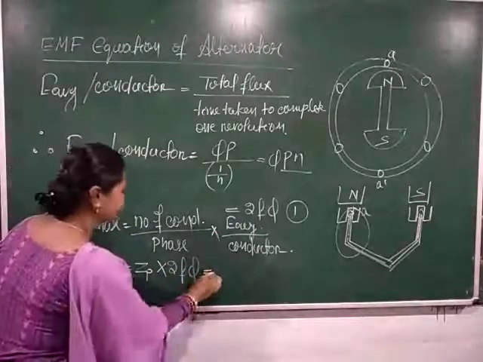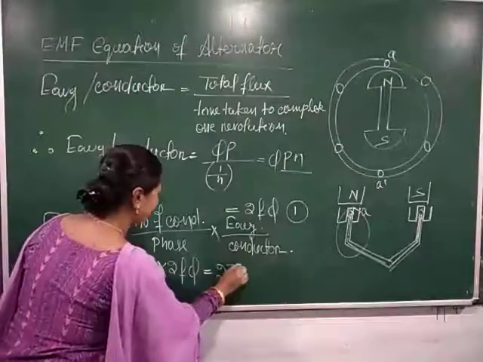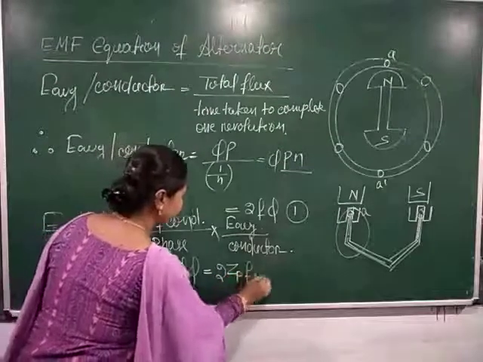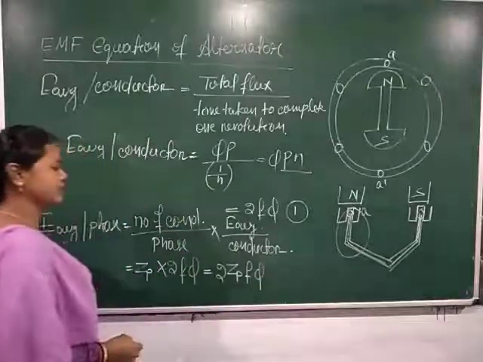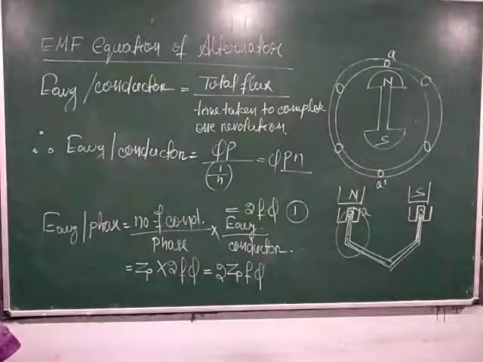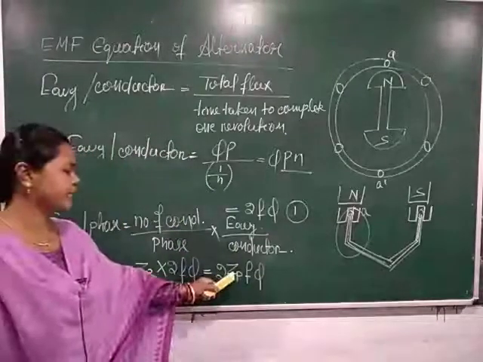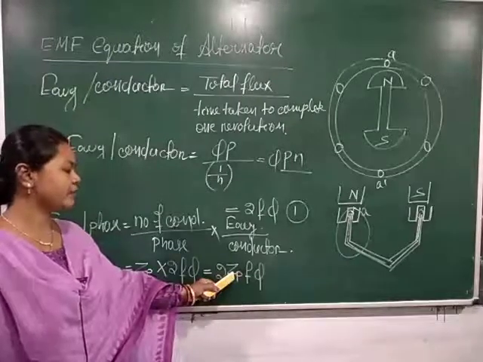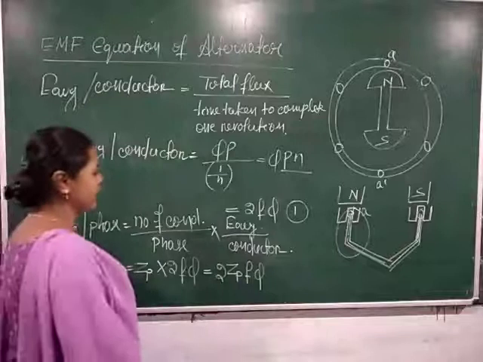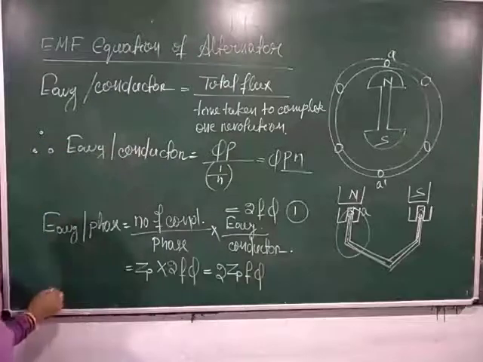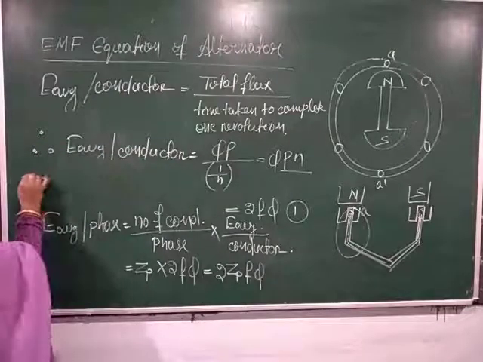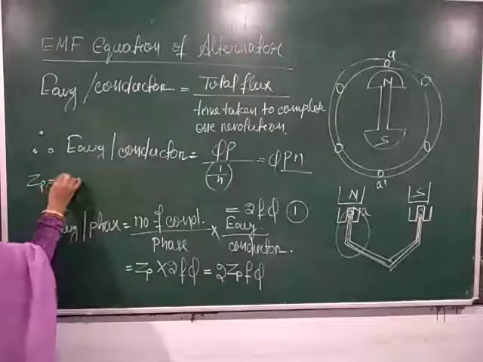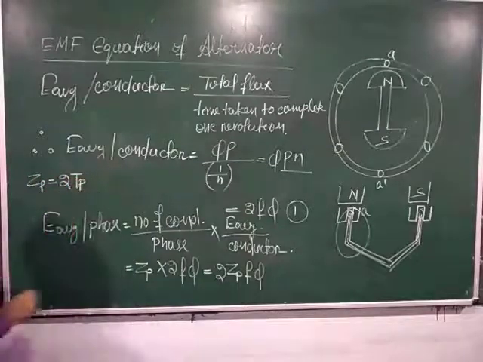So the equation becomes 2 Zp F Phi. Now in place of conductors per phase, I write the number of coils per phase. As you know before, the relationship is Zp equal to 2 Tp.